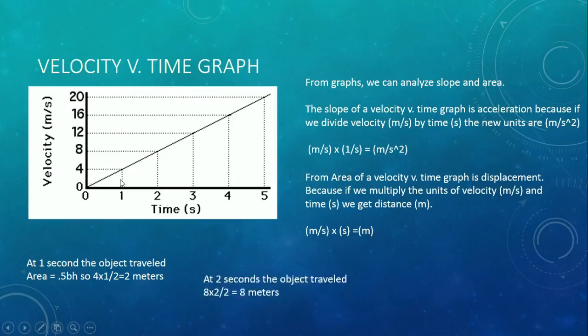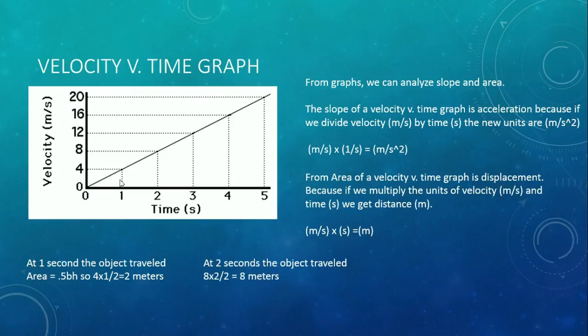After 2 seconds, how far did it travel? It's the same thing, still a triangle, so 1/2 base times height. The base is 2, the height is 8. So 1/2 times 2 is 1, and then we're left with 8. So after 2 seconds, it traveled 8 meters.